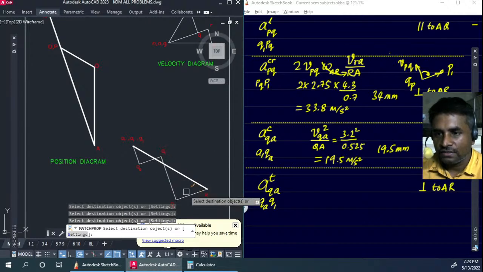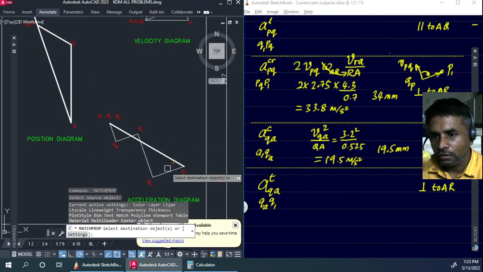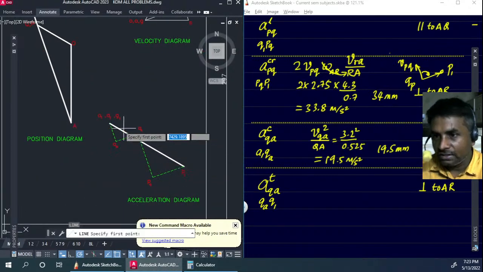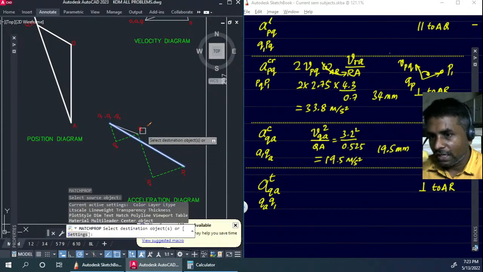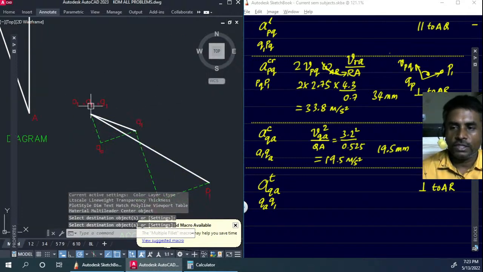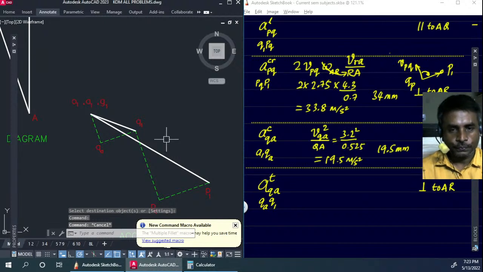This is the total acceleration, but what we have here are the temporary accelerations, and adding these will give us the total acceleration. This gives us the total acceleration of Q with respect to the fixed point, or the absolute acceleration of the point Q, and the length of this line gives us the magnitude.